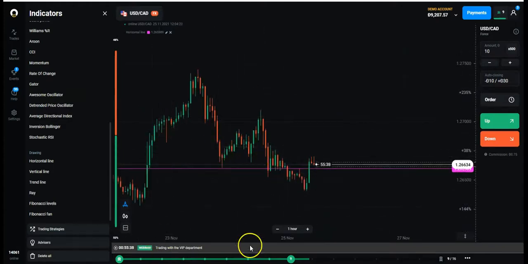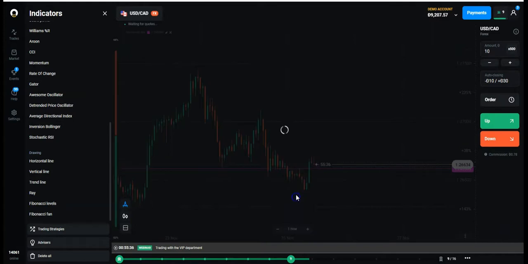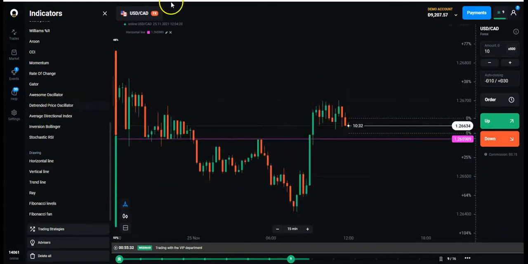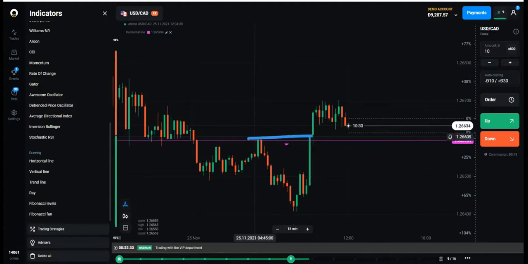Now, if I go on a lower time frame still, I see the market has broken this swing point, confirming that it wants to go higher. So now we can see that this is likely a retracement. I'll be looking for an entry here before the market continues on its way up.